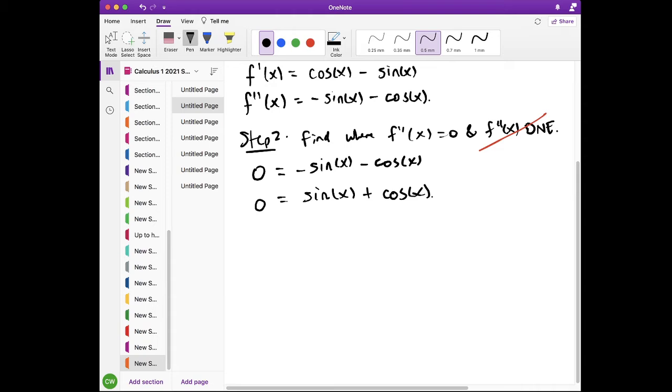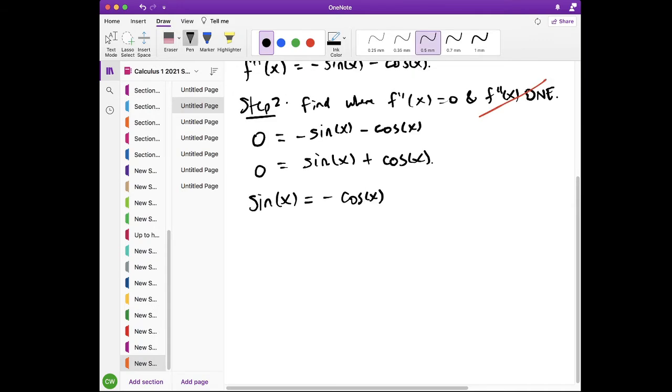And I'll give you a hint. Let me write it this way. Good, yeah. But one of them is negative, right? When is sine equal to negative cosine? Okay, and here's a little trick when dealing with this. What values are sine of the angle? How do you determine sine?